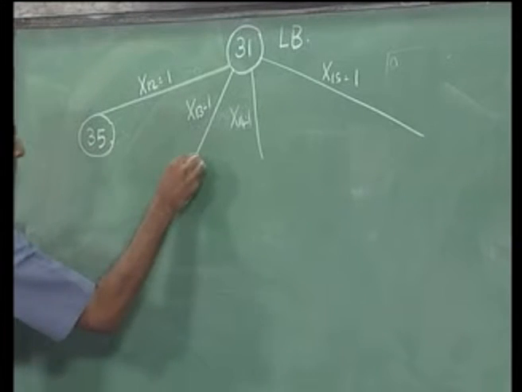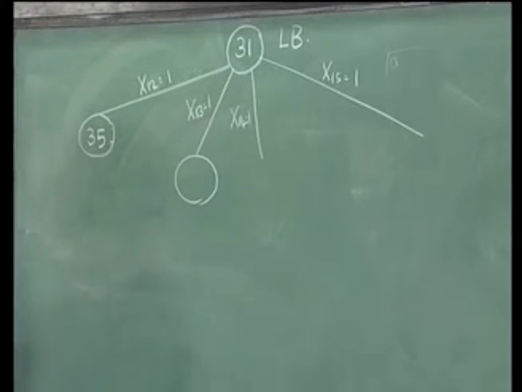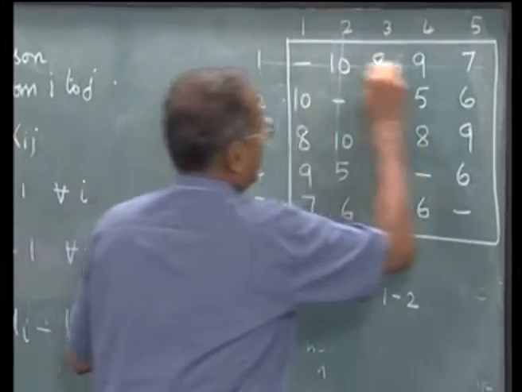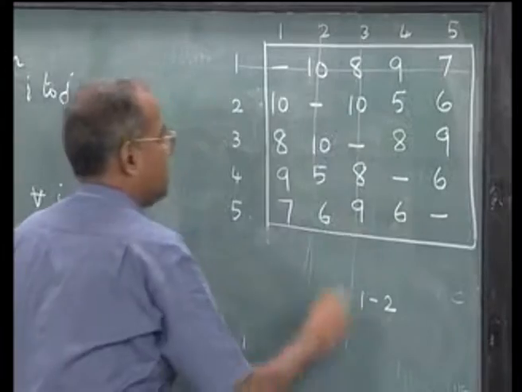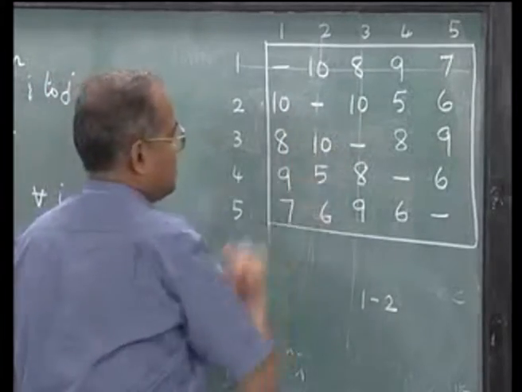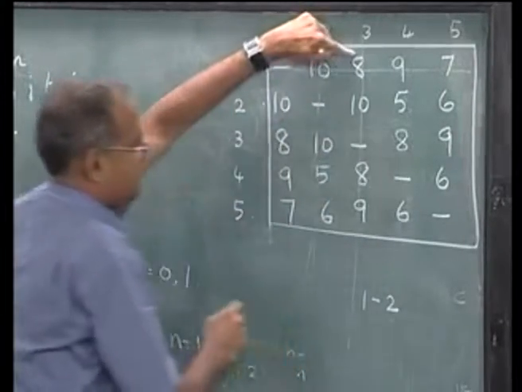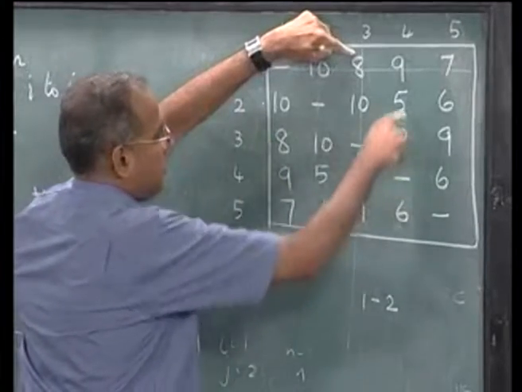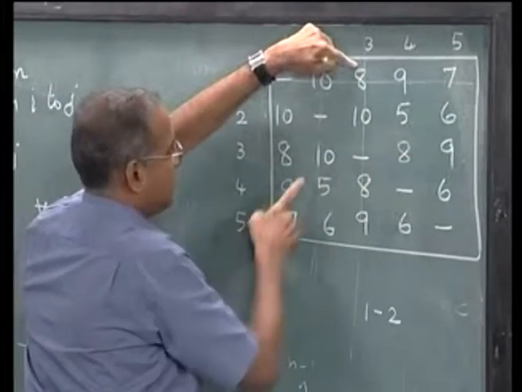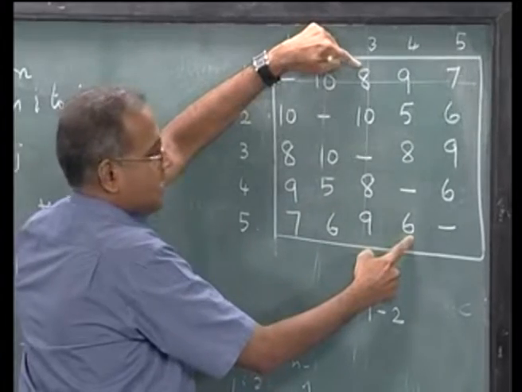Now, for x13 equal to 1, we can do something similar. So, for 1 3, leave this row out and leave this column. So, this goes and take the row minima. This 8 is fixed. The remaining minimum would be 5 plus 8 is 13, plus 5 is 18, plus 6 is 24.